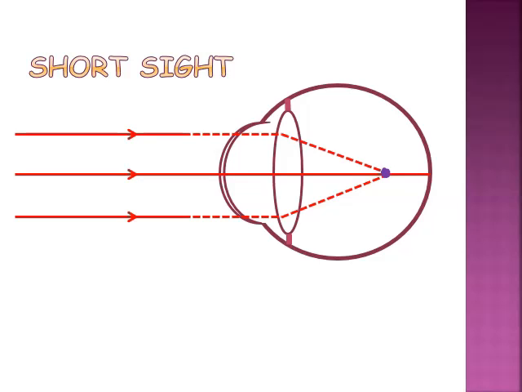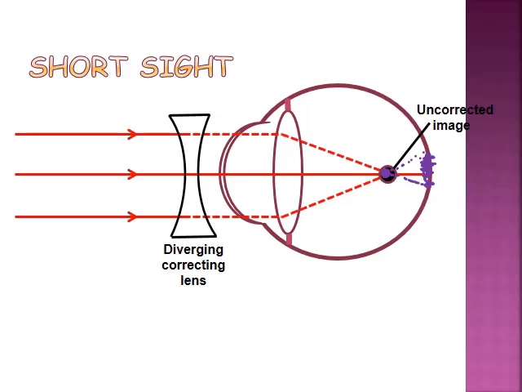So your image would be formed here, and what would actually happen, these rays would continue, and instead of getting a sharp image here, you'd get a much blurrier image here, which is why distant objects look blurry. Okay, so what you do is you add a diverging lens. What you've got to do is spread these rays of light out a bit first, so then when it comes in, it focuses on your retina here.